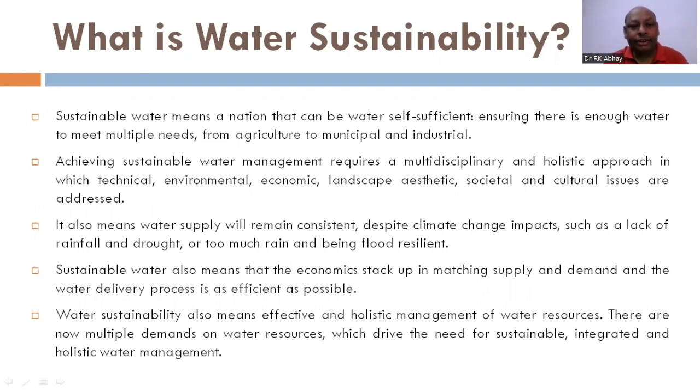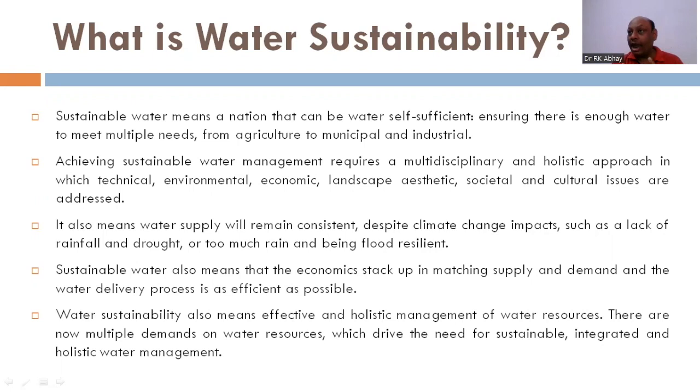When we go by definition, sustainable water means that a nation should be water self-sufficient, ensuring there is a sufficient amount of water to meet the needs of various sectors. It can be agriculture, industry, or human beings. When you have this kind of self-sufficiency, you can say that you have managed your water well, isn't it?